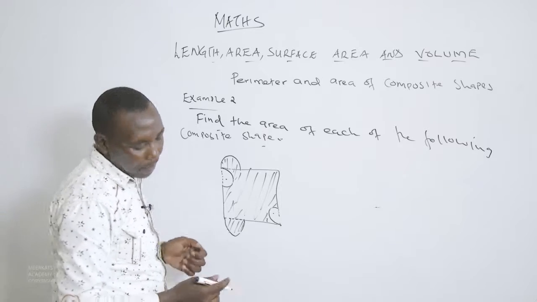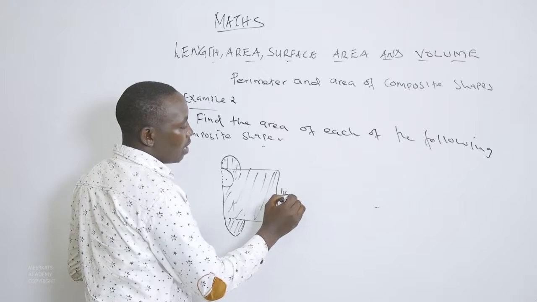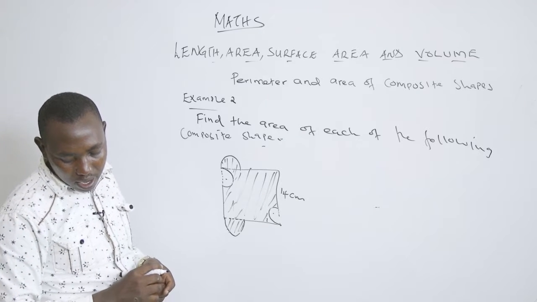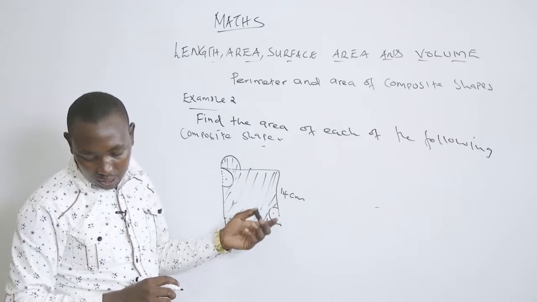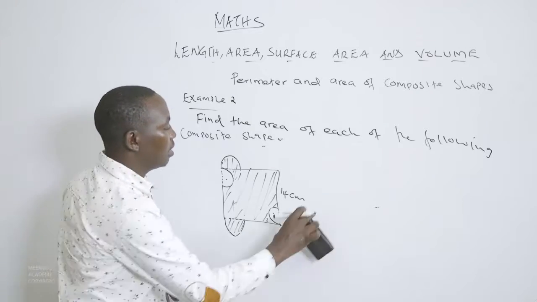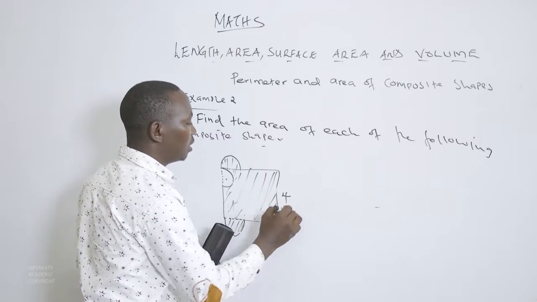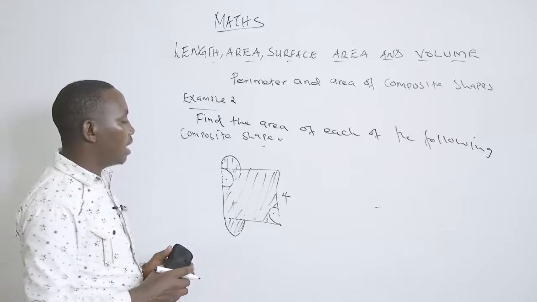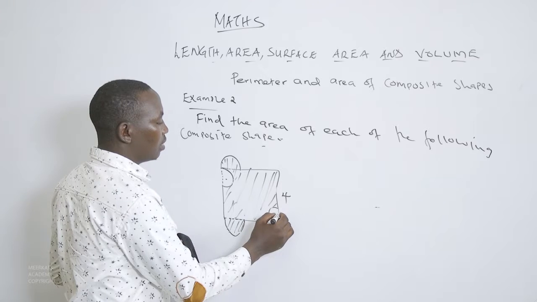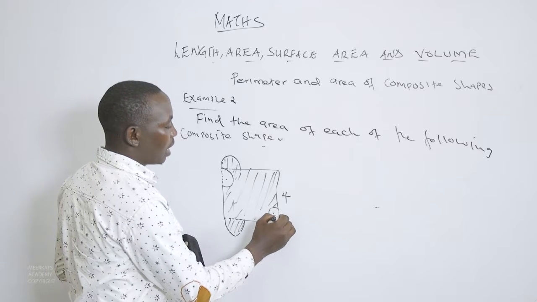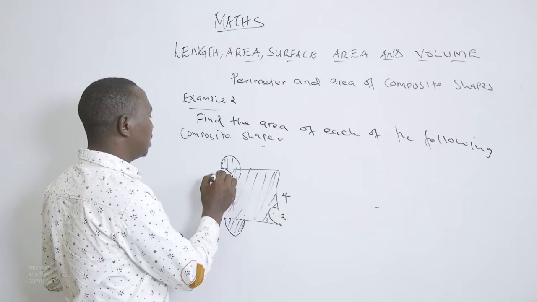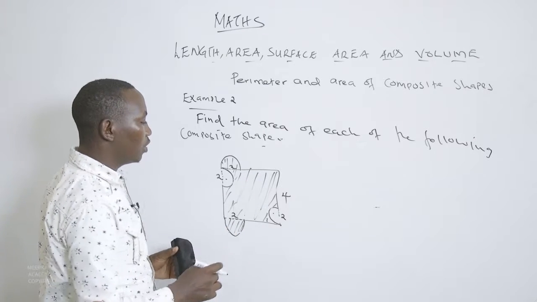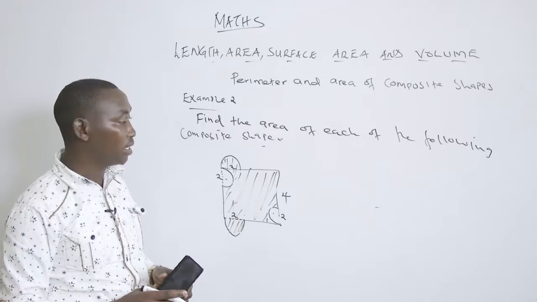And the square has a measurement of 4 centimeters against 4 centimeters, and that the distance from here up to here is 2 centimeters. That's 2 centimeters. This is 2 centimeters. That is also 2 centimeters.